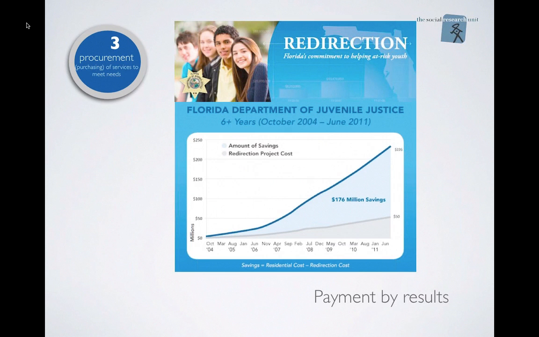Three evidence-based programs were implemented: functional family therapy, strategic family therapy, and multisystemic therapy. In redirection, EBA acts as a middleman, negotiating with potential service providers and investing in training and certifying staff according to national standards.